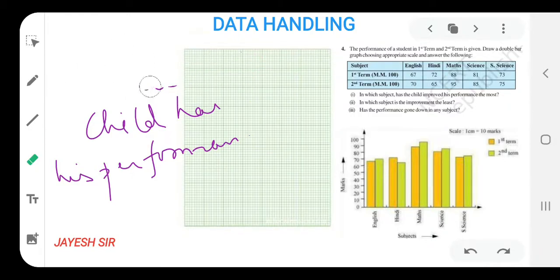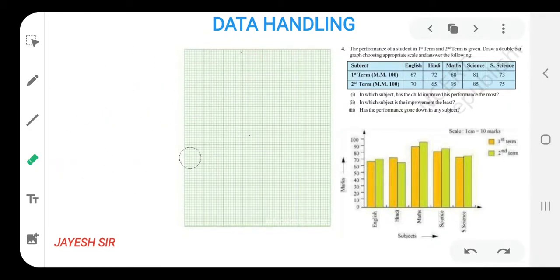If you are capable of solving on your own, pause the video and try to solve the remaining two questions based on the bar graph, as I am solving over here for you. In which subject is the improvement the least? We already saw that in Hindi his performance degraded, but here improvement is asked, not the decrement or the performance going down.